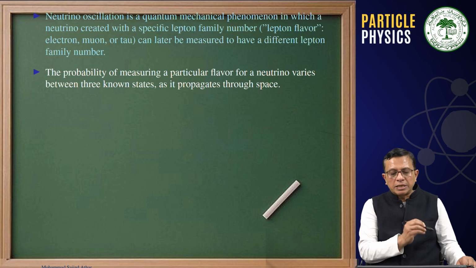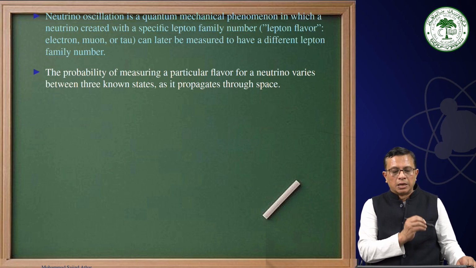Therefore, the probability of measuring a particular flavor for a neutrino varies between three known states. That is what we talk about, nu1, nu2, and nu3.